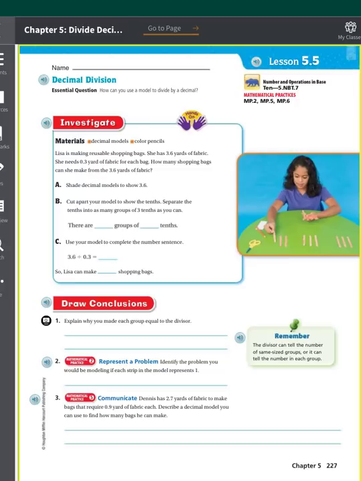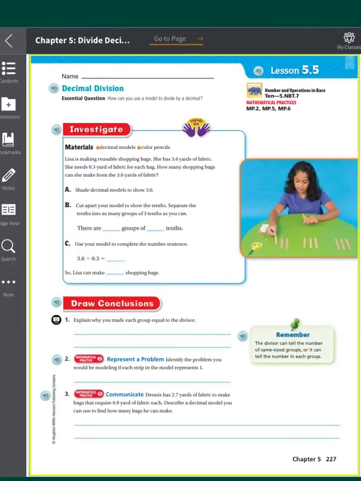So what information do we need to know? We need to know the total number of yards of fabric, which is 3.6 yards. So our total is 3.6 yards.